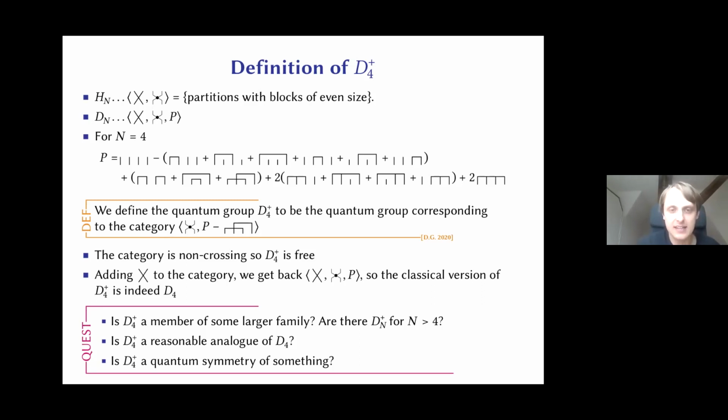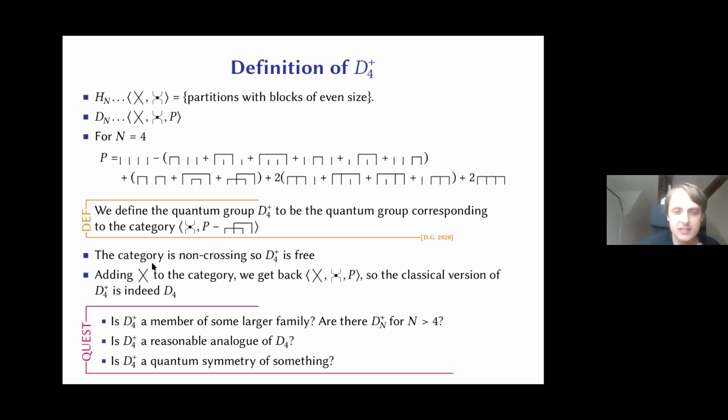So let me again stress 2 things that make this definition interesting. First of all, the associated category is non-crossing, so it's good to call this quantum group free. And secondly, if you add this crossing back to the category, then the partition that we subtracted is just a rotation of this crossing.